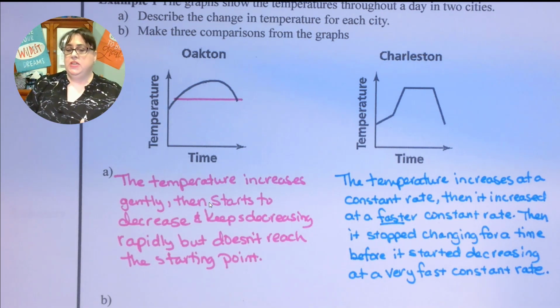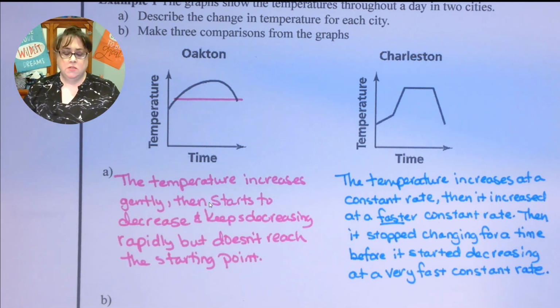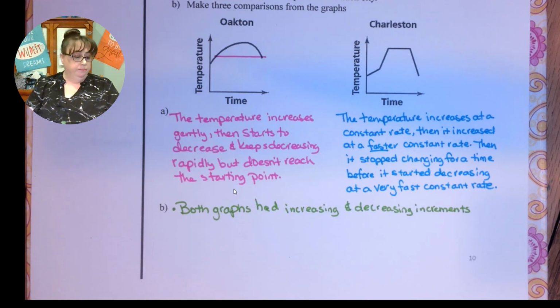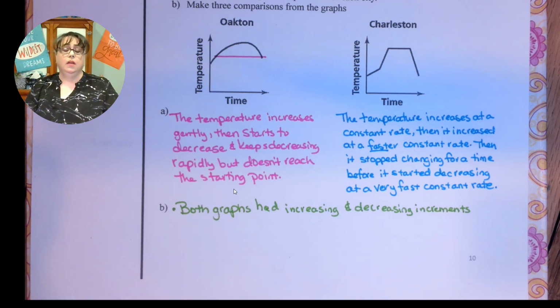And so now we're supposed to talk about three comparisons from the graph. So one thing is, both of these graphs had increasing and decreasing. The other thing is what? They're both nonlinear.